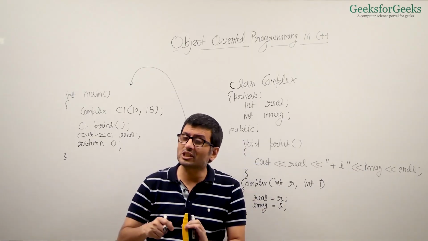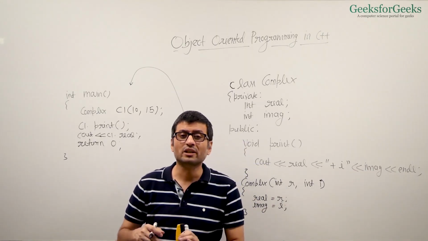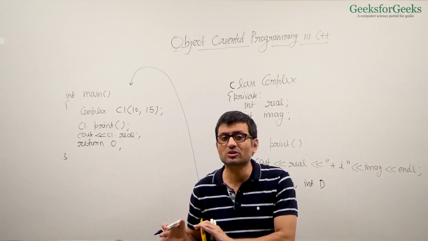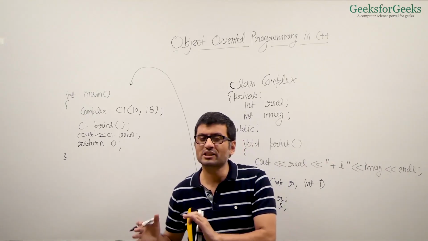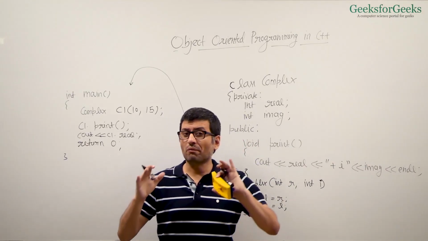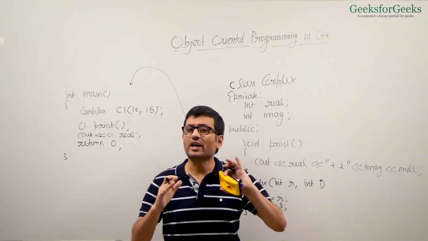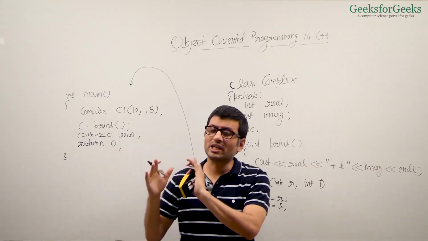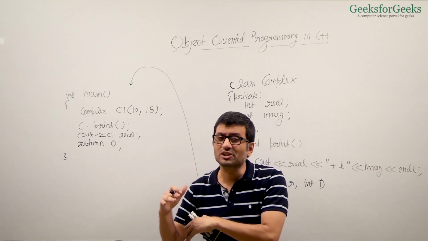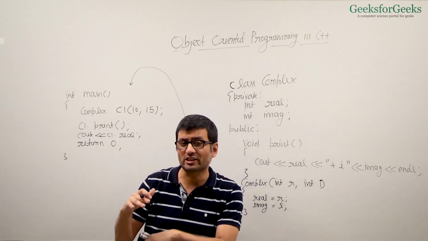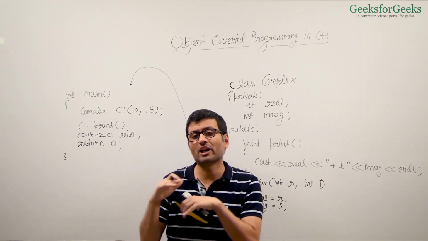Because if somebody does S1.marks equal to 150, then that part of the code is going to give a compiler error that marks are private. So whenever somebody wants to set marks of the students, they have to use the set marks function, and your set marks function does sanitation checks. It does validations that marks are valid or not.